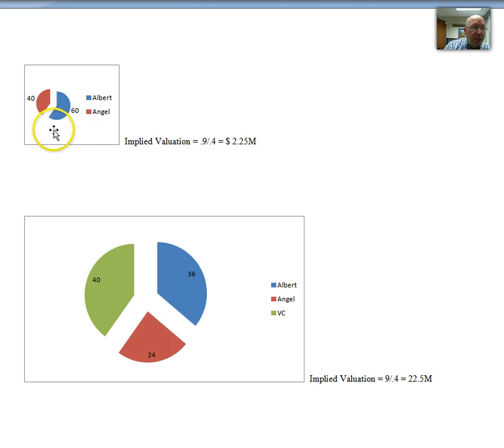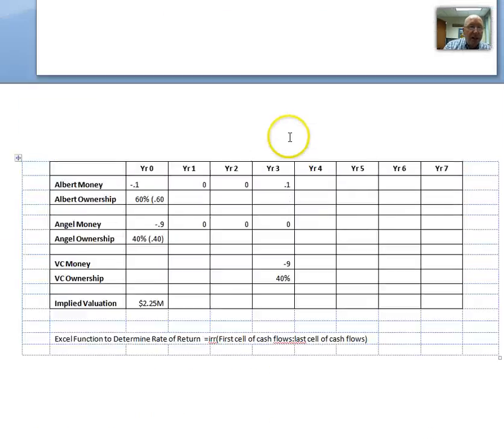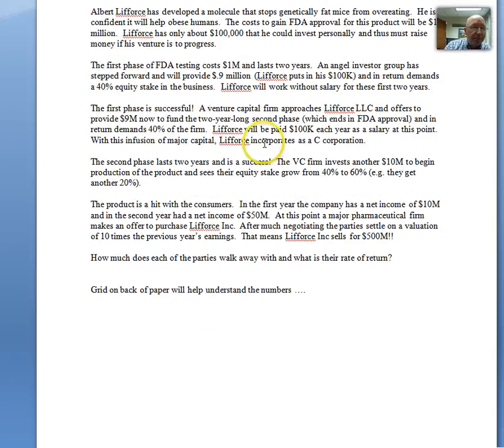He started off owning 60% of his company. Now he only owns 36%. But look how much bigger his 36% piece of this pie is than 60% of this pie, because the pie has gotten a lot bigger. And I really don't have this drawn to scale because this pie is now 10 times the size of this pie. Okay, let's go back to the case.